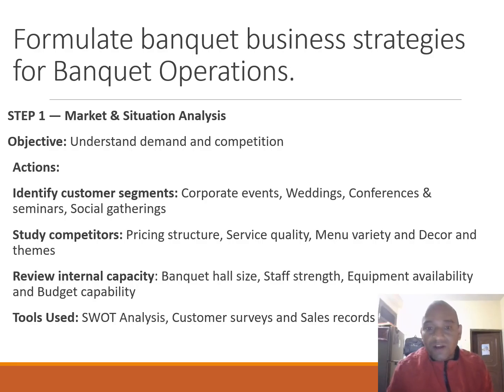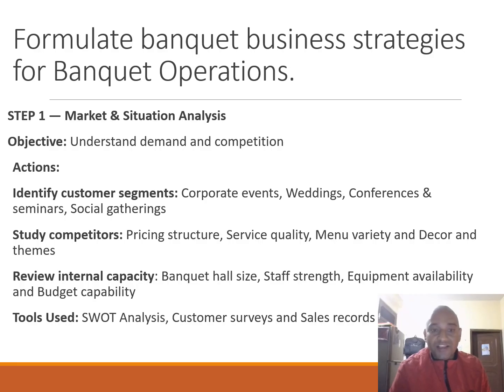If there is no demand and no competition, there is nothing to do. But if there is competition and there is demand also, there is a need for these strategies which we need to implement. What actions can we take to do the market and situation analysis?